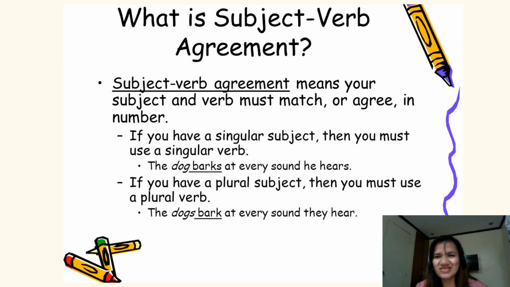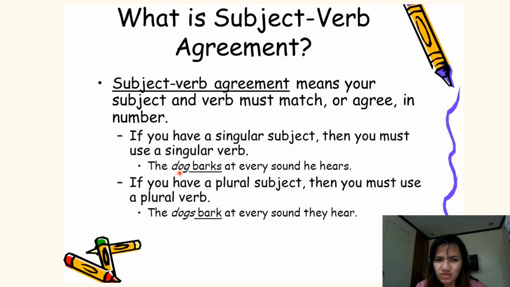Subject-verb agreement means your subject and verb must match and agree with number. As always, if you have a singular subject, then you have to use a singular verb. A good example for this is this one.